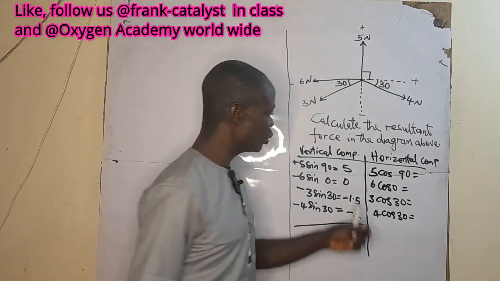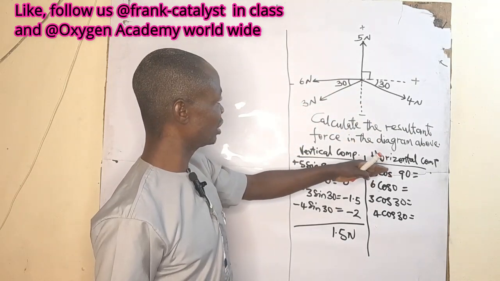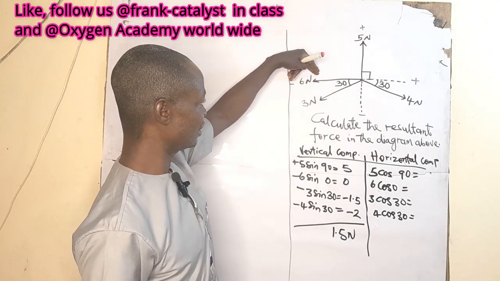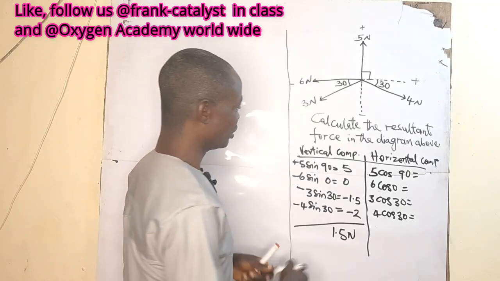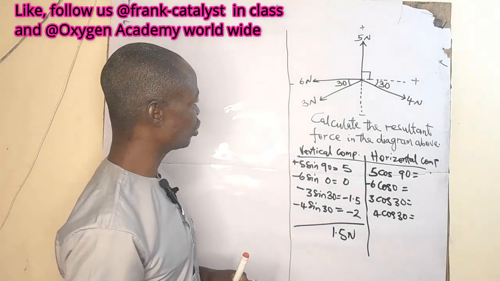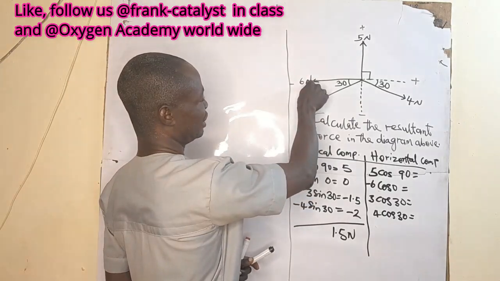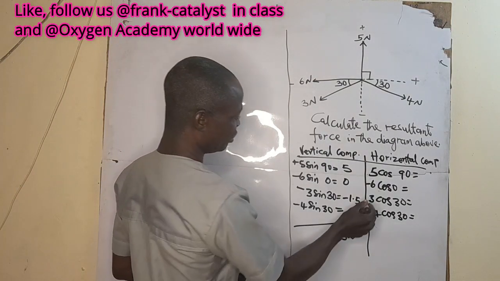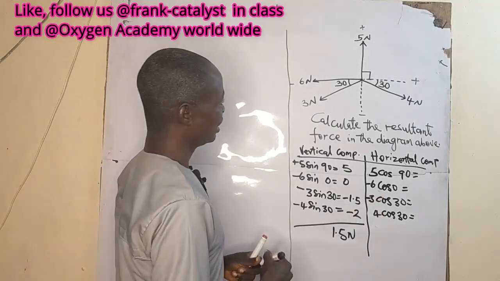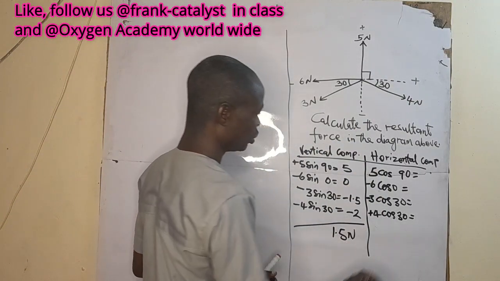Let's look at the signs here. This one is already positive. This one is going to be negative because it is pointing towards the westerly direction. Resolving this horizontally will also be negative, and this one is going to be positive.